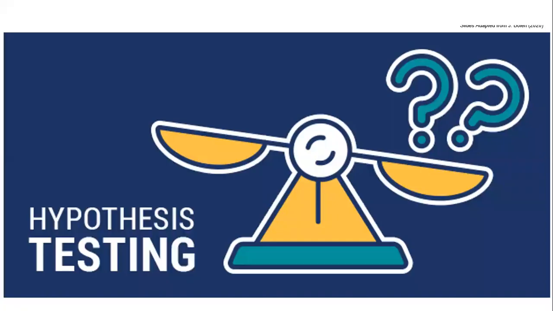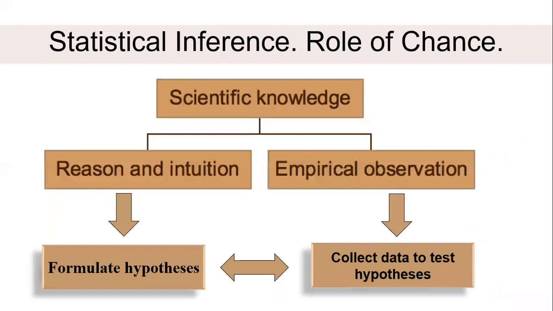This time, let's go with hypothesis testing. Let's talk about statistical inference and the role of chance here. If you have your scientific knowledge, scientific knowledge could lead one to develop his own reasoning and intuition.